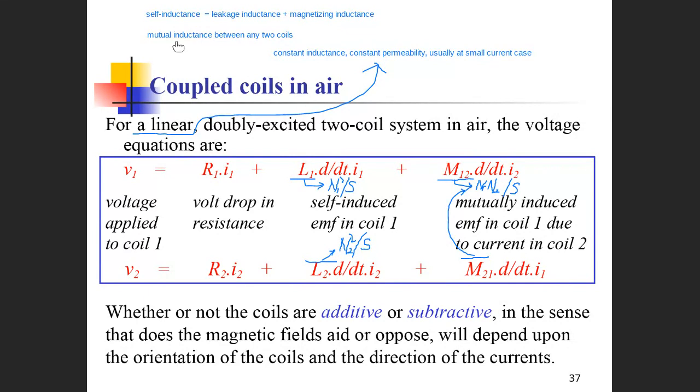Where there is current, there is a magnetic field, and where there is a magnetic field, there is inductance. The mutual inductance can be additive or subtractive, depending on the orientation of the two coils.